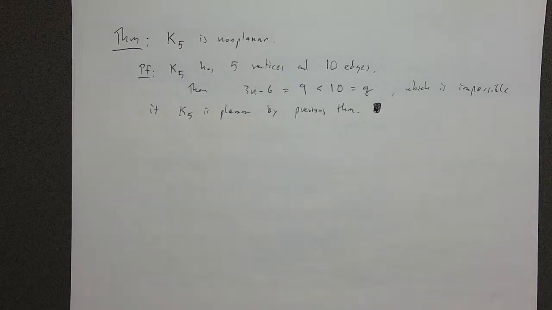Question in chat, the explanation of why we use the bound degree. The reason why is that basically in both cases, so both of the theorems that we used it to prove, we were doing an operation and seeing how it affected the graph.